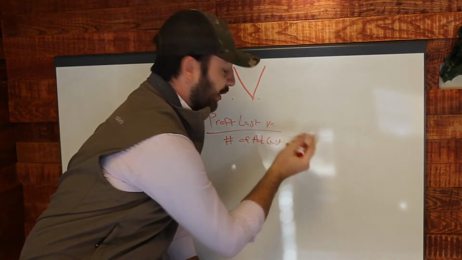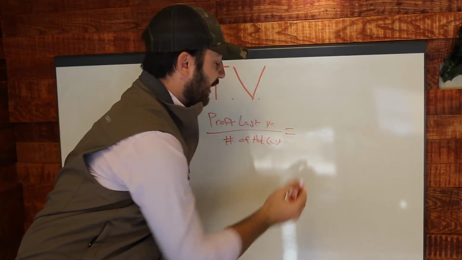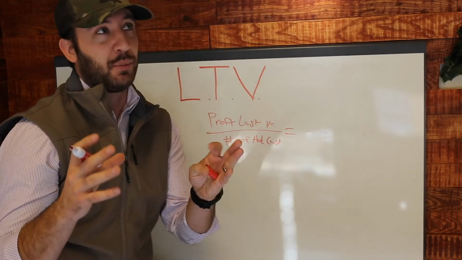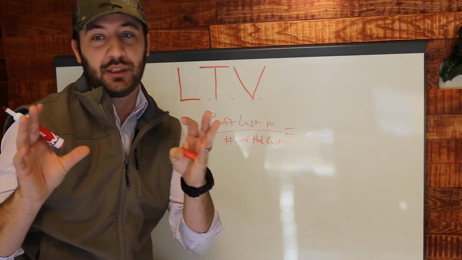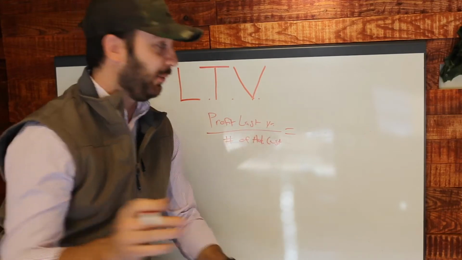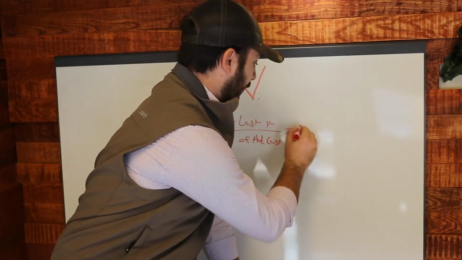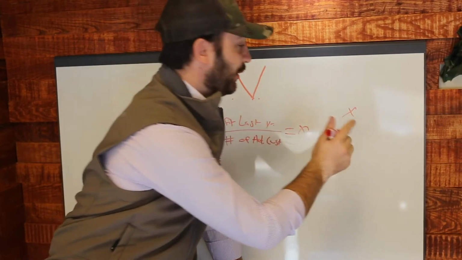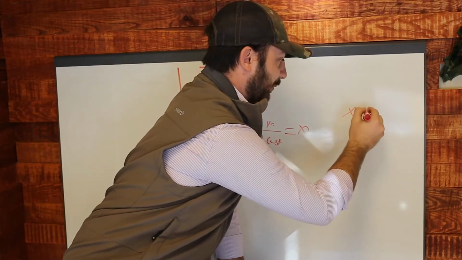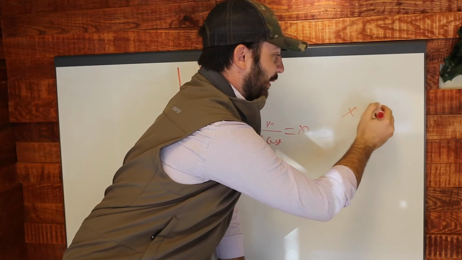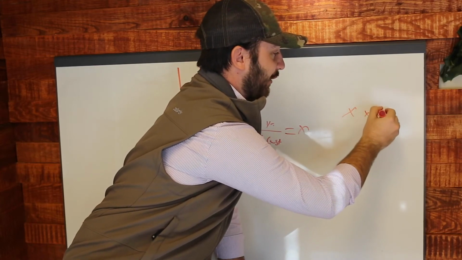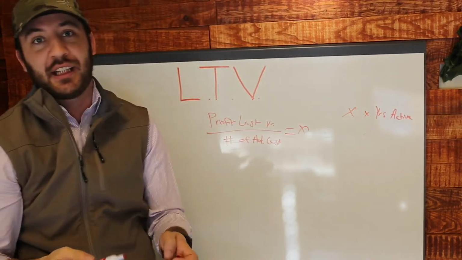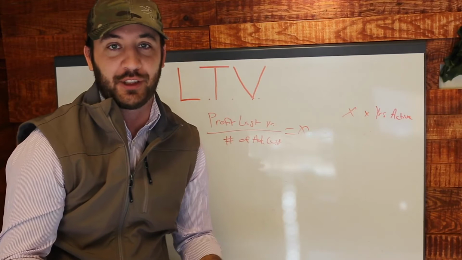Once you find out what that equals, we'll call that X, you're going to multiply that number by the years that they have stayed on. And that is going to give you your rough lifetime value of the customer.